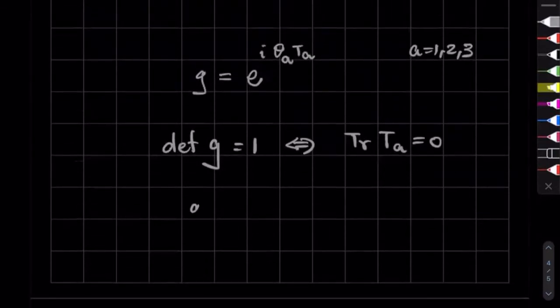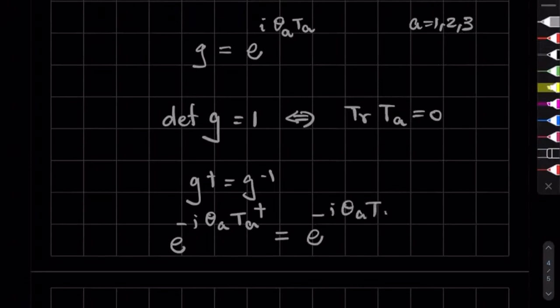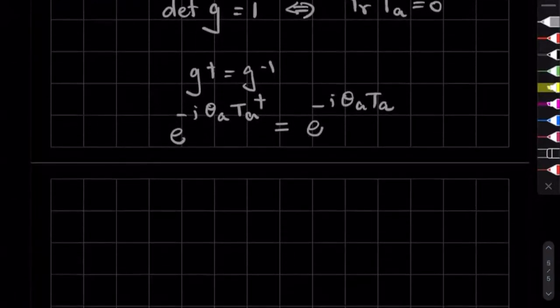The other thing is that since G dagger is equal to G inverse, what is G dagger? It's e to the power minus i theta A, since theta is a real number, so the dagger will be on the T. And this is equal to G inverse, which is e to the power minus i theta A T A. So if you take the log of this and use the fact that all the TAs are linearly independent, we get that TA dagger is equal to TA.